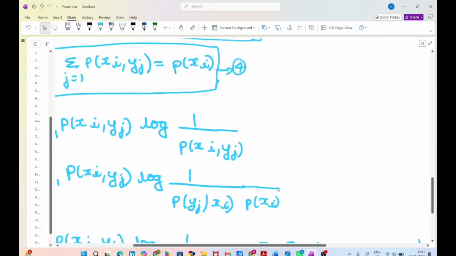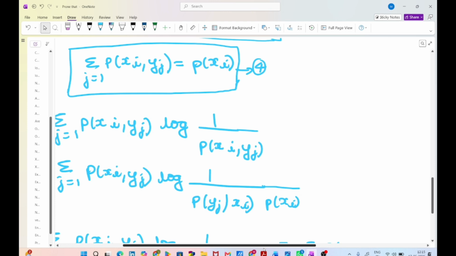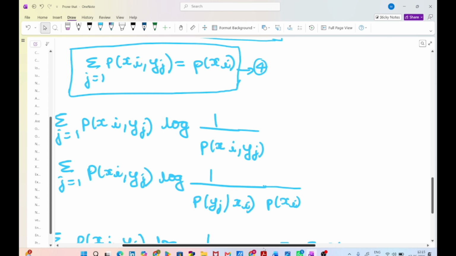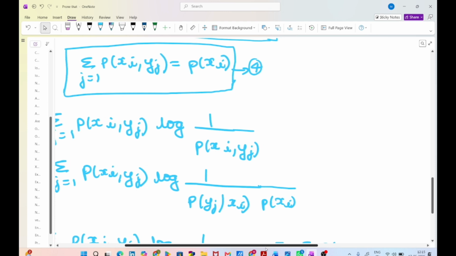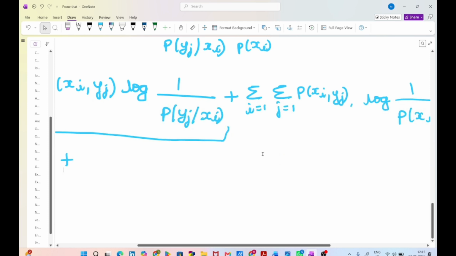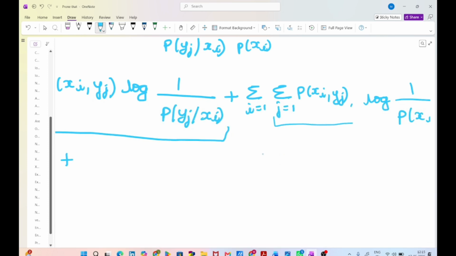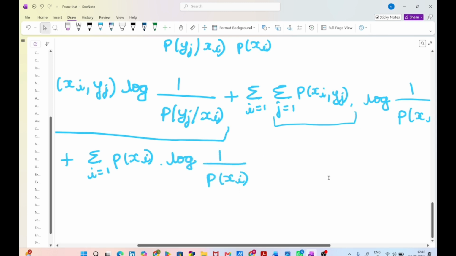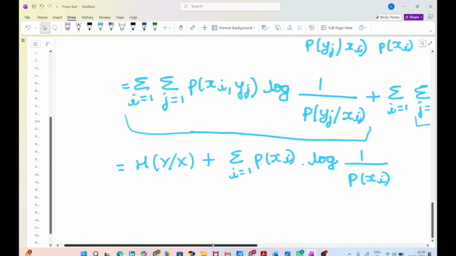We know that summation over j of p(xi, yj) is equal to p(xi). We can write till here as summation over i of p(xi) into log of 1 by p(xi).